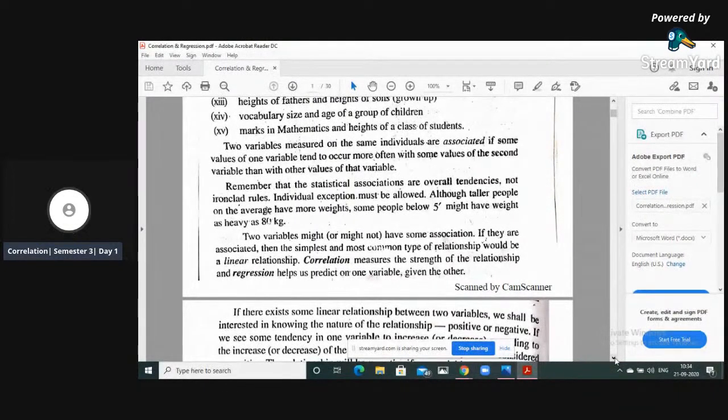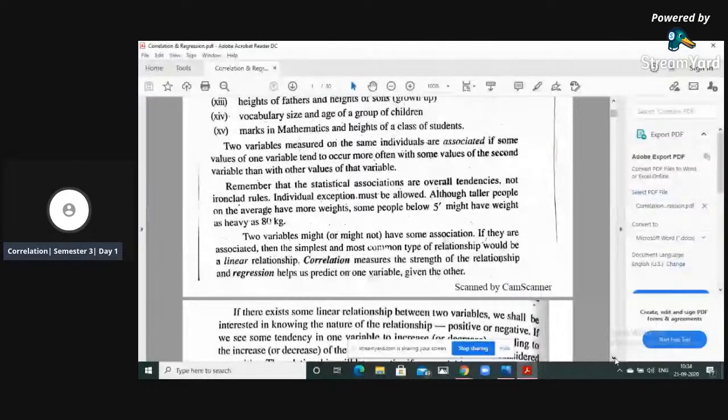So all these types of data are bivariate data, since they have two characteristics or two variables taken together. We deal with such type of data in correlation and regression.